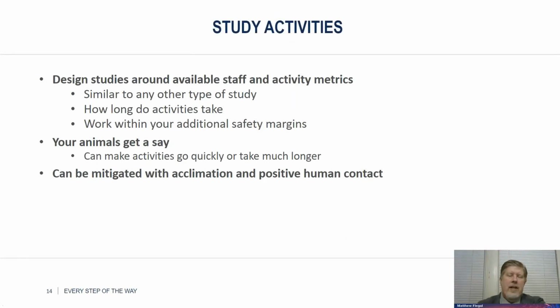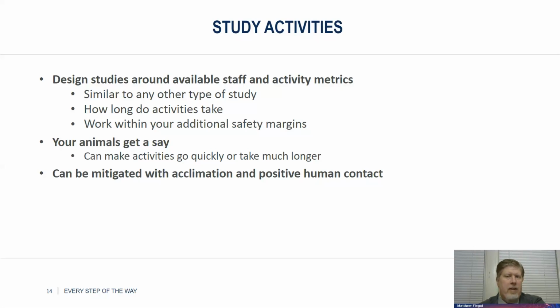And again, when we design any study, whether it's in vivo or in vitro, you're designing them around the available staff, around the various activity metrics. You can do this many of these activities in an hour. We probably want to give you a 10% safety margin, so you can do this many things in this time. And in vivo studies are the same, but again, the variability is not just the people performing it now, it's the lab animals that they're working with.